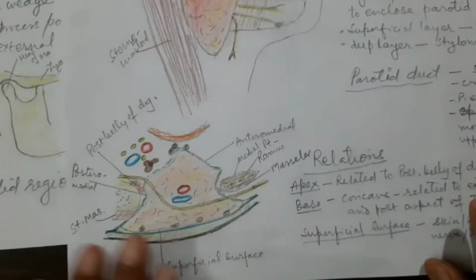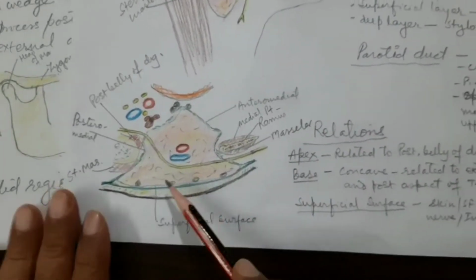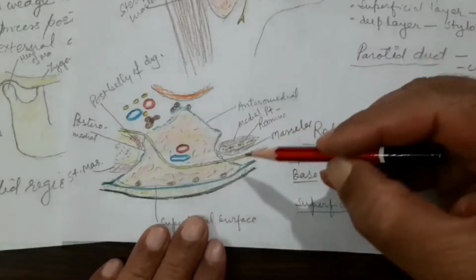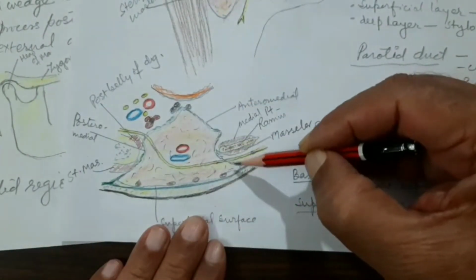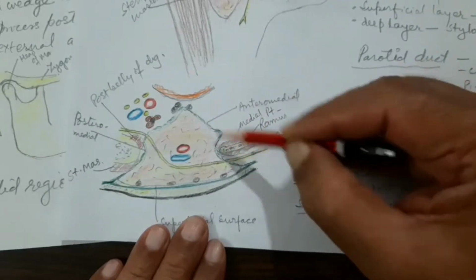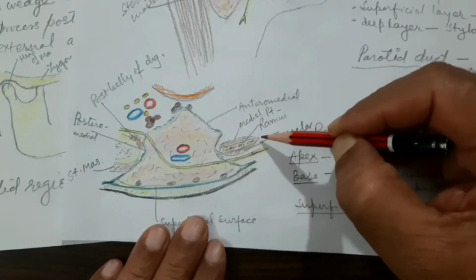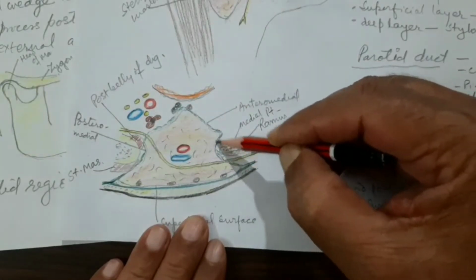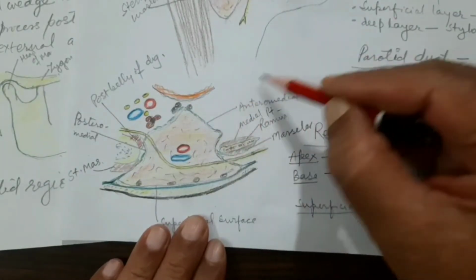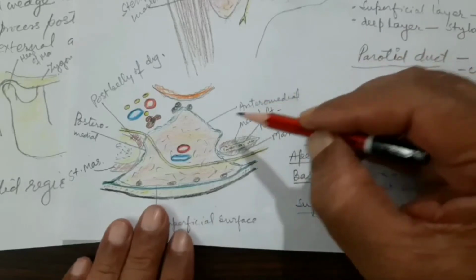Now the anteromedial and posteromedial surfaces can only be visualized through this cross section. From the anterior border to the medial border, because the ramus of the mandible is here, this is the anteromedial surface, because it is facing anteriorly as well as medially.